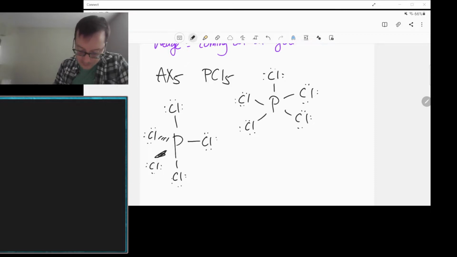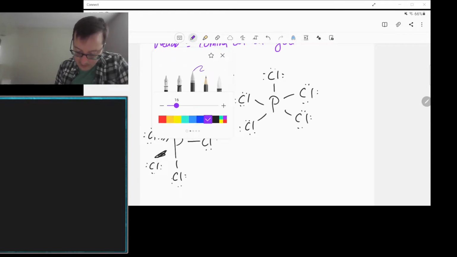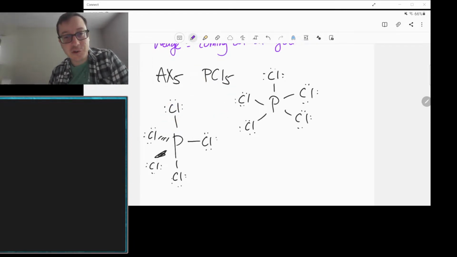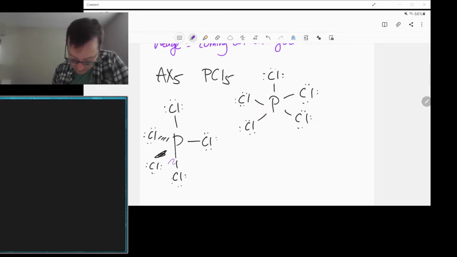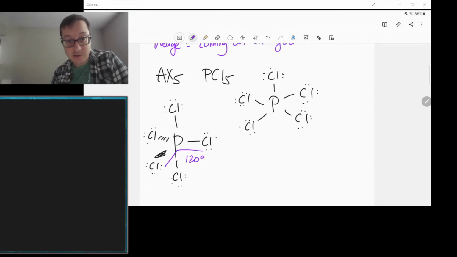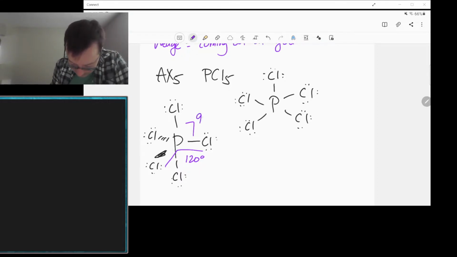And if you want to think of it, it's kind of linear and trigonal planar at the same time. We're going to see the angle between these three, that's going to be 120 degrees. But between the top and the side ones, that's 90 degrees. And so we're going to see that we have two different bond angles here.